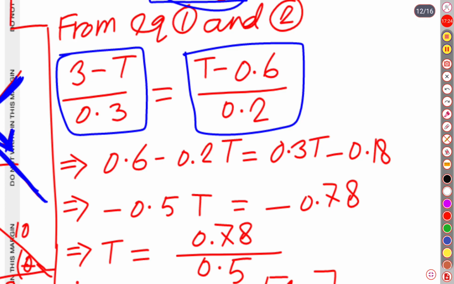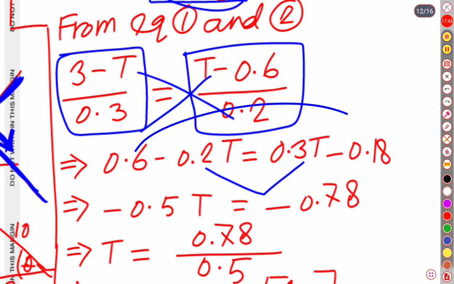Now if we do cross multiplication, it is going to be 0.6 minus 0.2, and 0.3t minus 0.18. Then if these two tensions are added, because if it is moved to the left side it will be negative, 0.5t is equal to, if we add 0.6 and 0.18, 0.78.